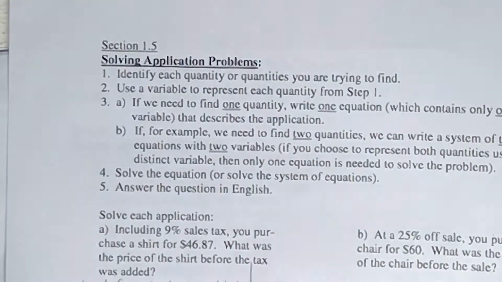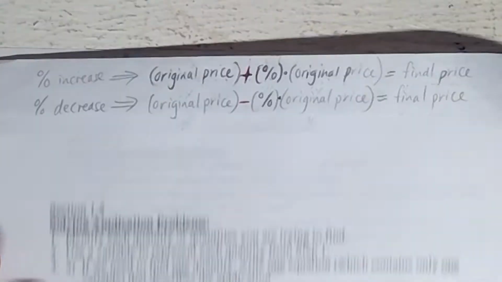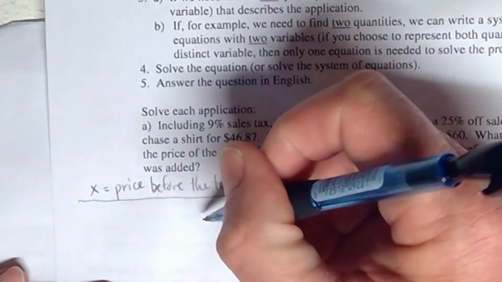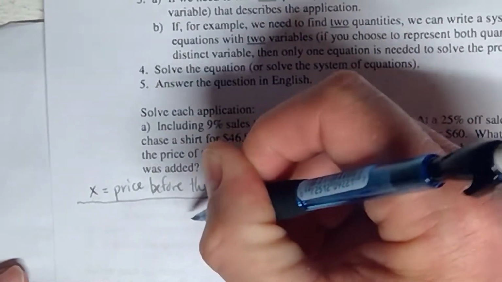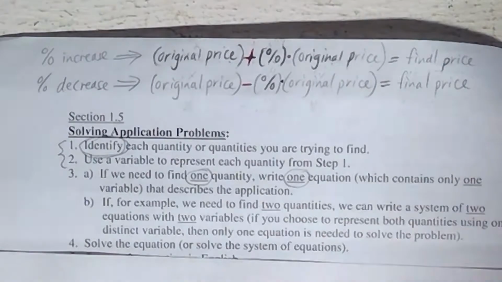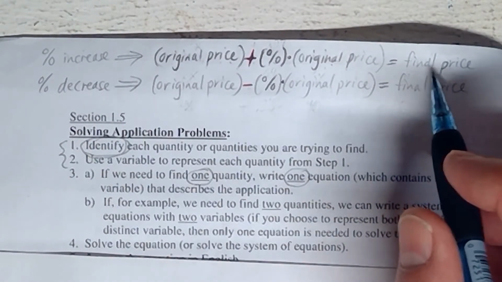That means that after the tax is added on, that's the final price. So $46.87 would go here. Let me transfer that down into our actual problem. $46.87 will be the number on the right-hand side of the equal sign, as the formula tells us. So if you know a constant number, you put it in that spot.